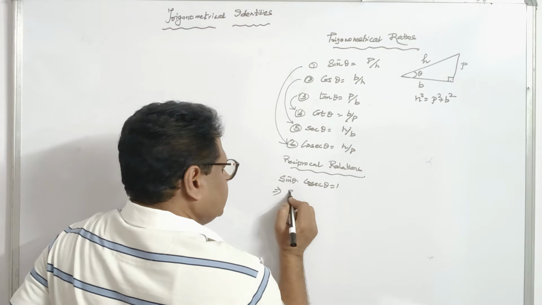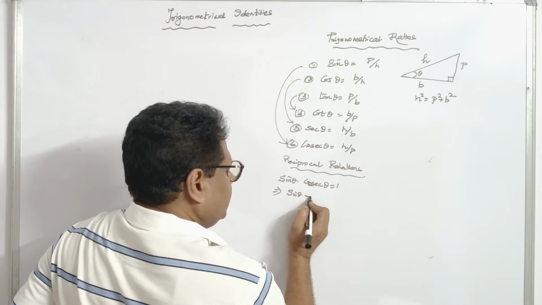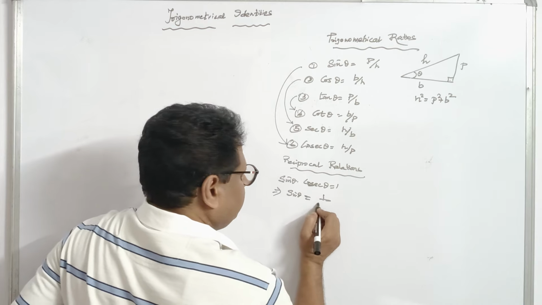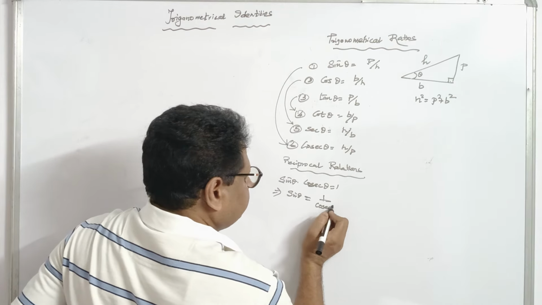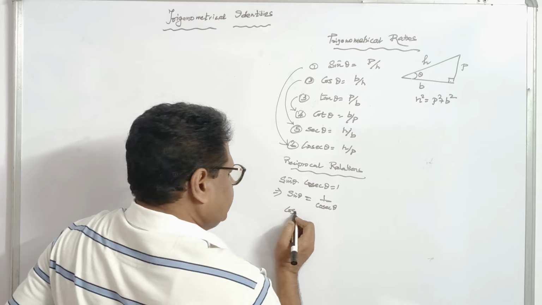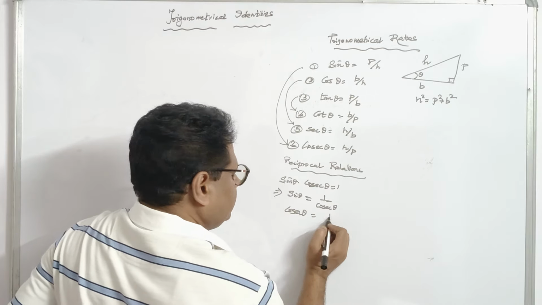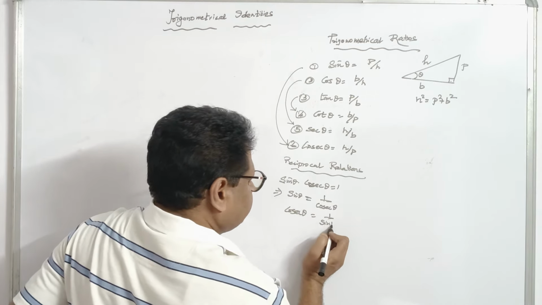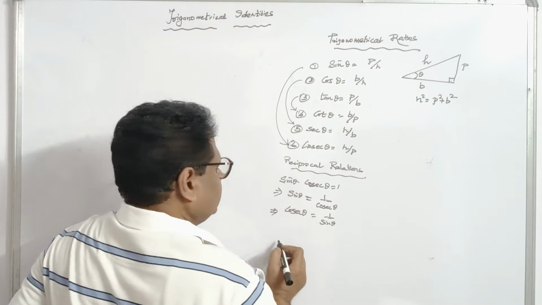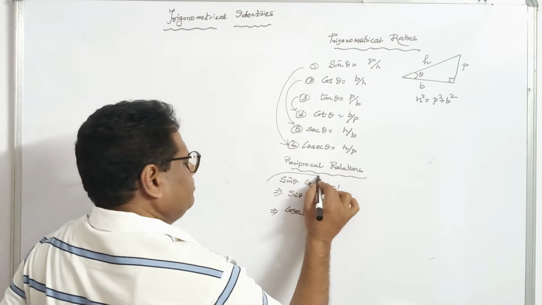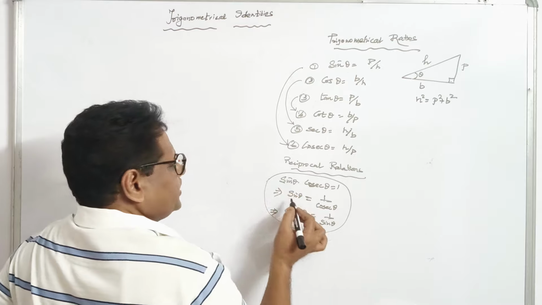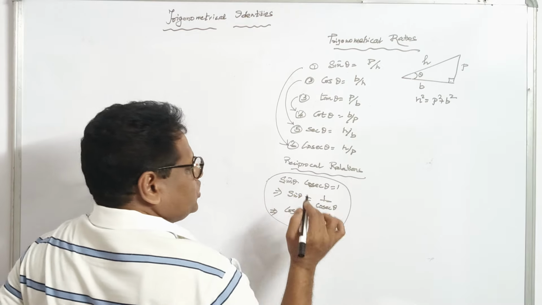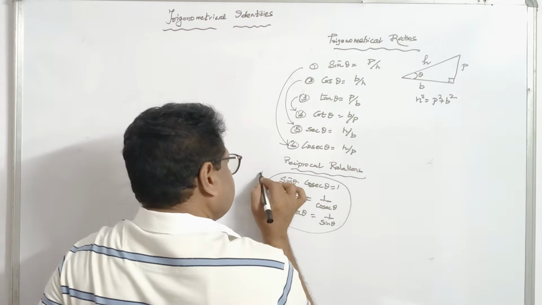This means sin theta equals 1 by cosec theta, and cosec theta equals 1 by sin theta. These are the outcomes of the same reciprocal relation. Next, this is one pair.